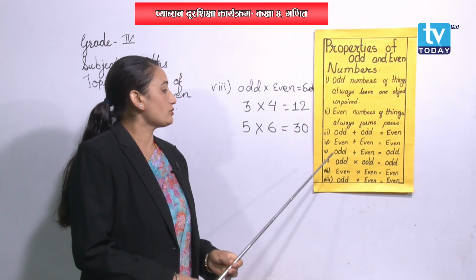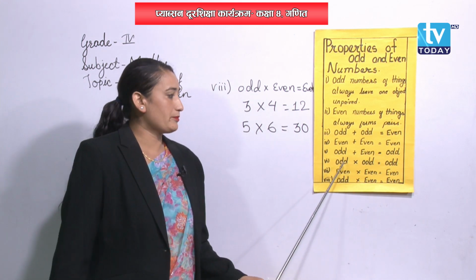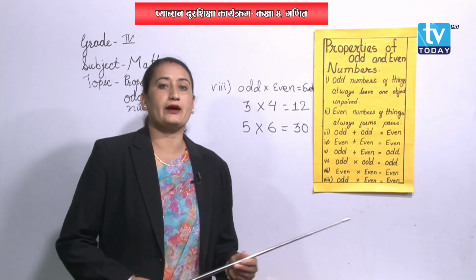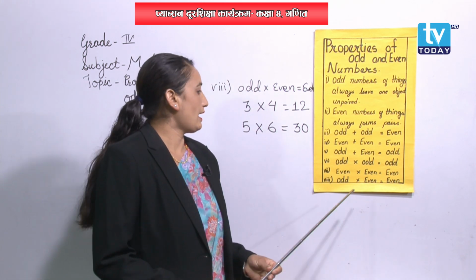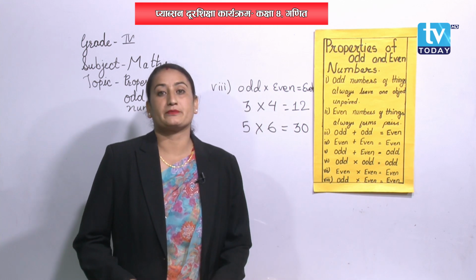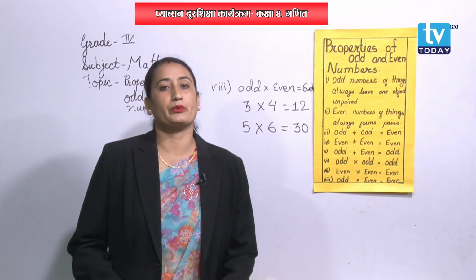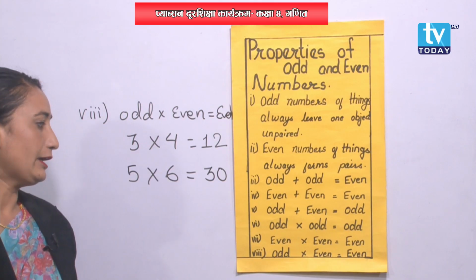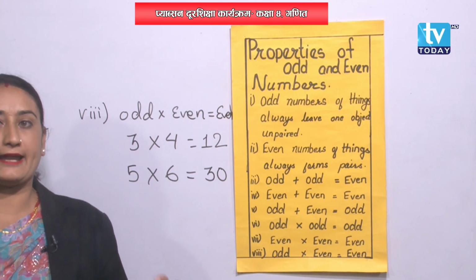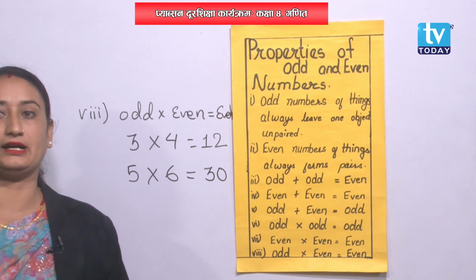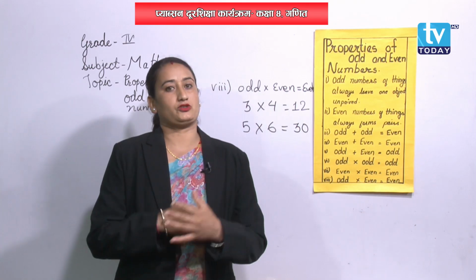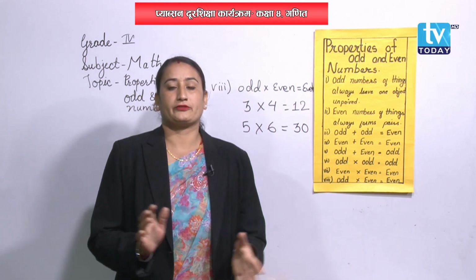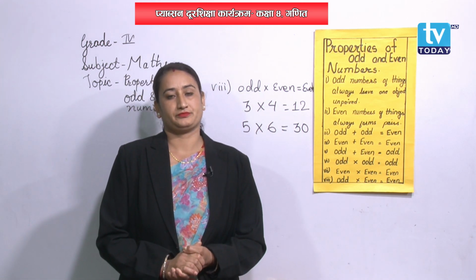Next, if we multiply odd and odd numbers, then we will get an odd number. And next, if we multiply even and even numbers, we will get an even number. Last one is, if we multiply odd and even numbers, we will get an even number. Okay students, these are the 7 properties of the numbers.